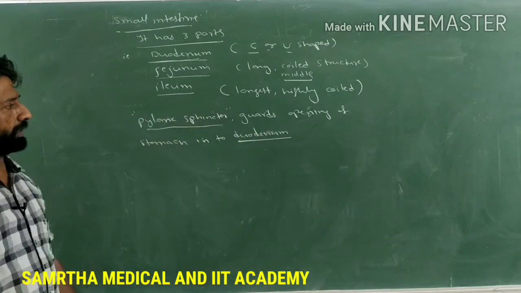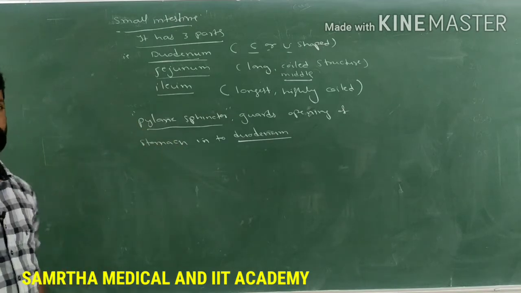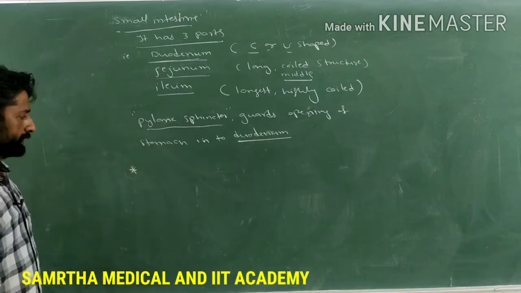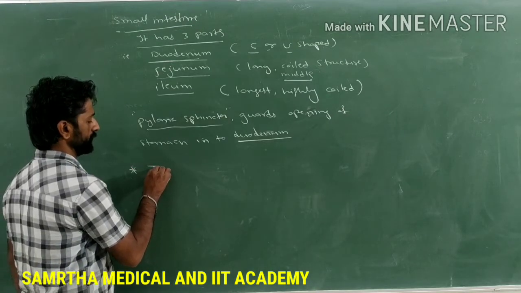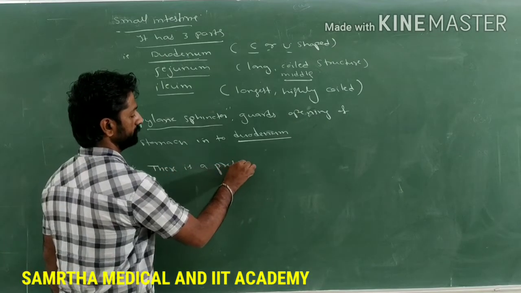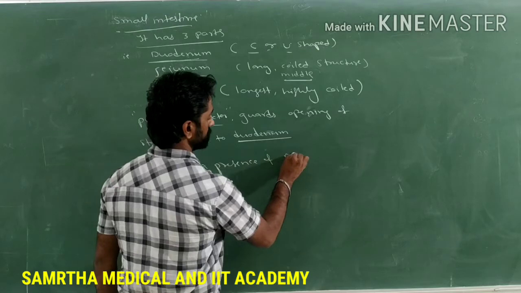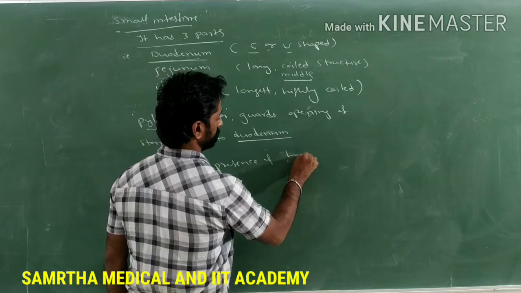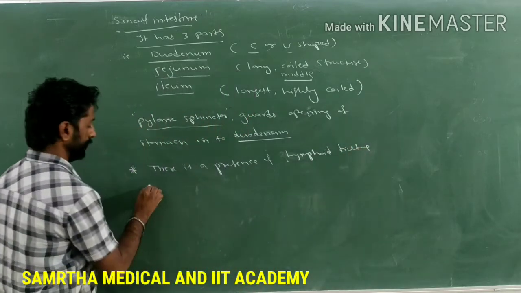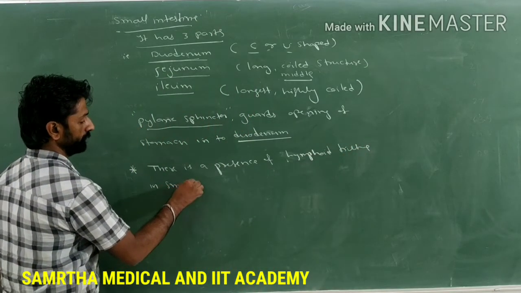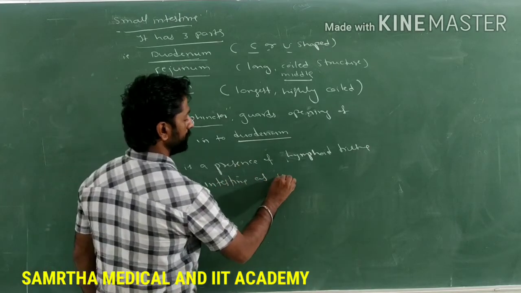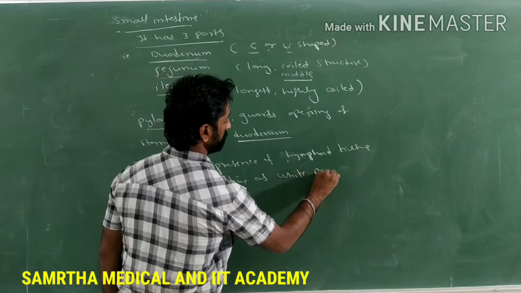And also there is the presence of special structures or tissue in the small intestine. What is that? There are patches of lymphatic tissue in the small intestine as white patches.